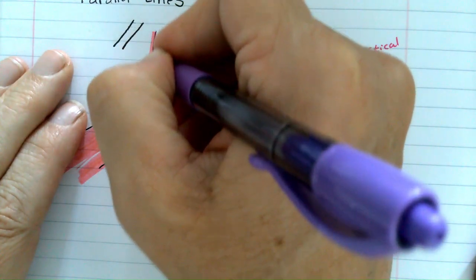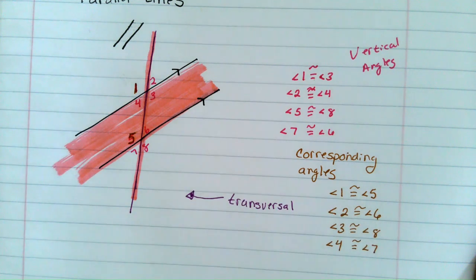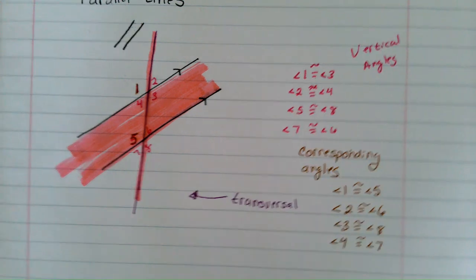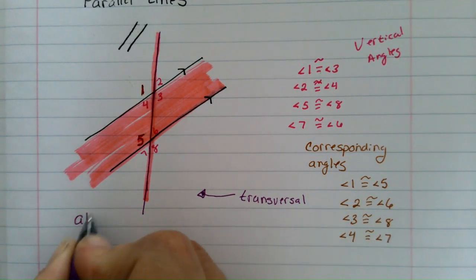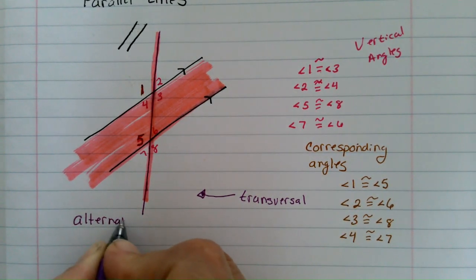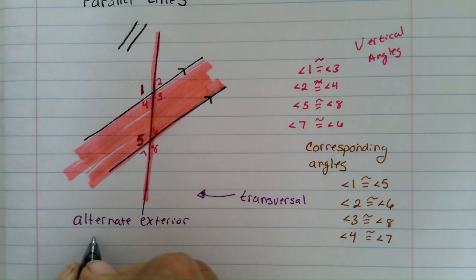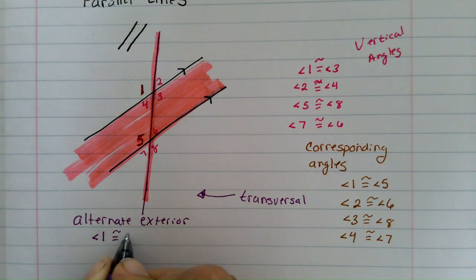And of course our parallel line is right here. So 1 and 8 are on opposite sides, also known as alternating sides, and they're outside or exterior, kind of like interior paint, exterior paint. So we have alternate exterior. And now we know that angle 1 is congruent to angle 8.